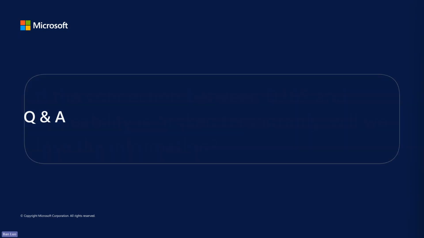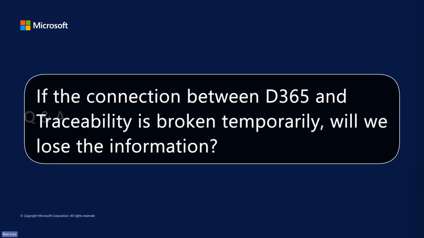First, if the connection between D365 and traceability is broken temporarily, will we lose the track and trace information? The answer is no, because in our demo, you can see we have two temp tables, in D365 and in the Power Platform.